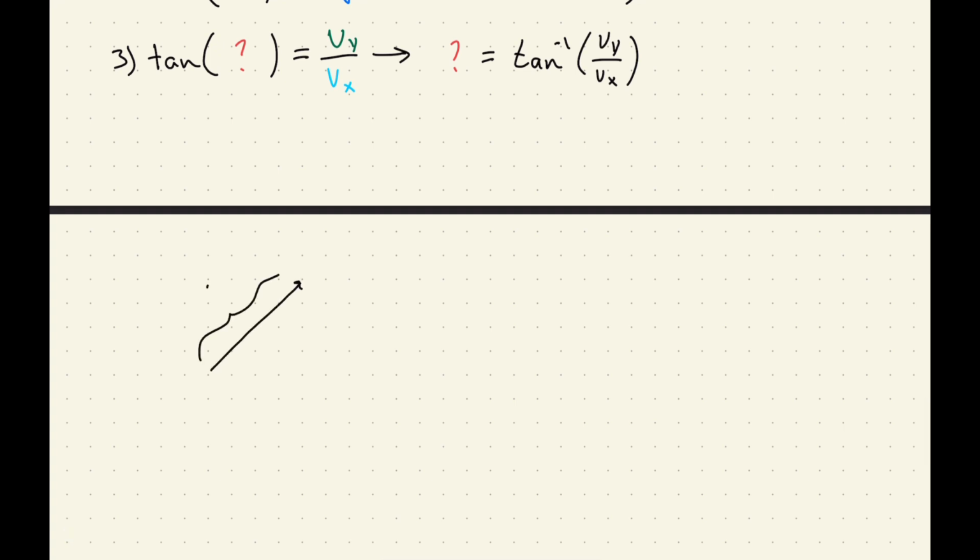So let's say the vector is v over here. This is vx. This is vy. And let's say this angle here is theta. So we can set up the same thing. Sine of theta equals opposite over hypotenuse.